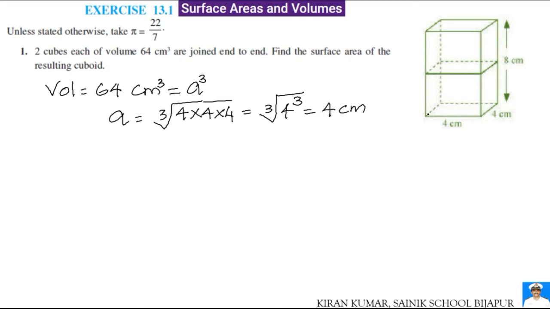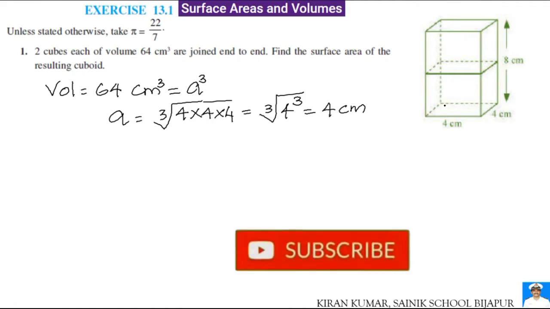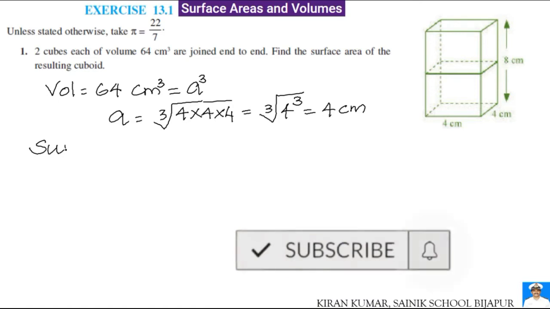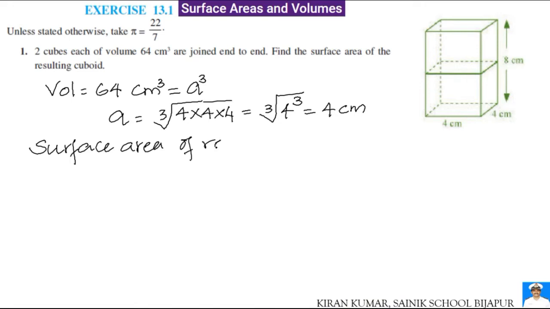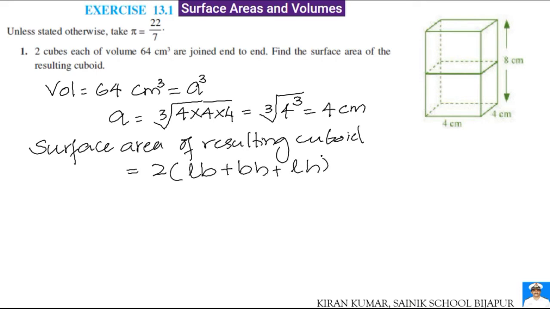When the side is 4 centimeter, we will have the height equal to 8 centimeter and the breadth will be 4 centimeter. So the surface area of the resulting cuboid will be two times of LB plus BH plus LH.